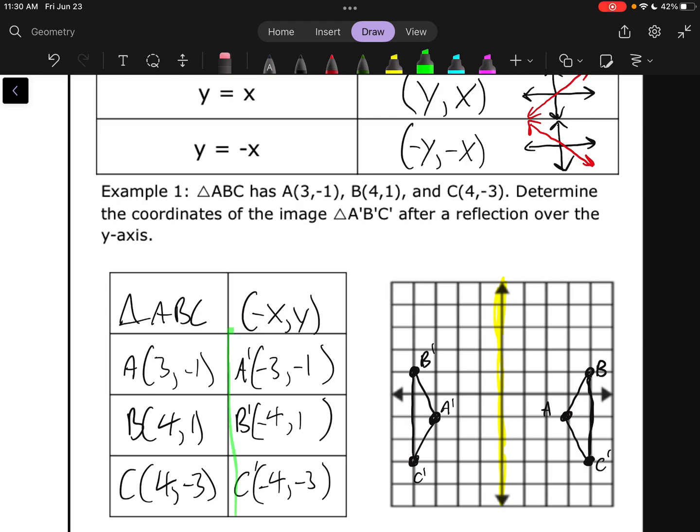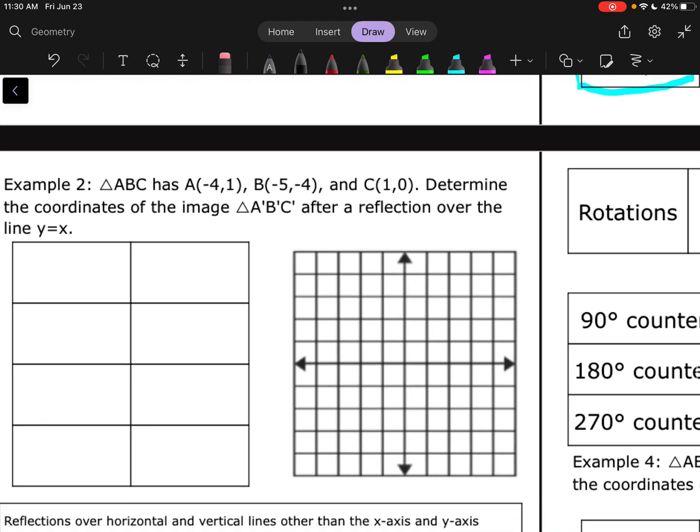So we've got our image over here. And we got our pre-image over here. And that looks good. That looks like I just flipped it over there. The image is congruent, right? Nothing's distorted. Same shape, just been flipped. All right, let's keep going.